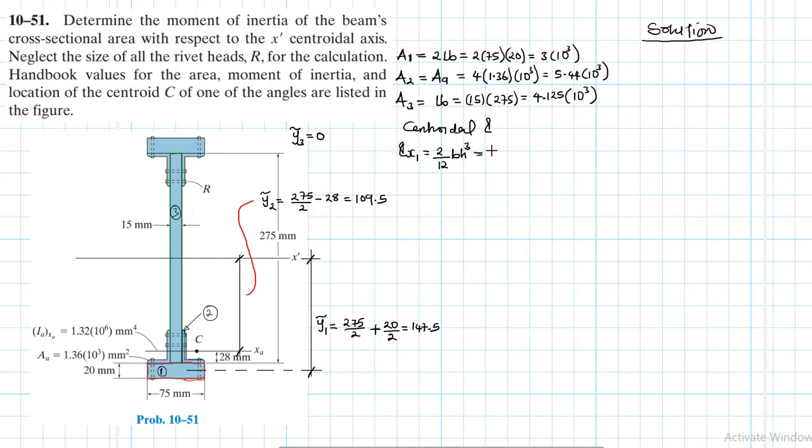So this is going to be equal to 2 divided by 12. Our B is 75, and our H is 20 to the power 3. So what does this give us? This is 75 by 20 cubed divided by 6. Okay, divided by 6. So this becomes 0.1 times 10 to the power 6.